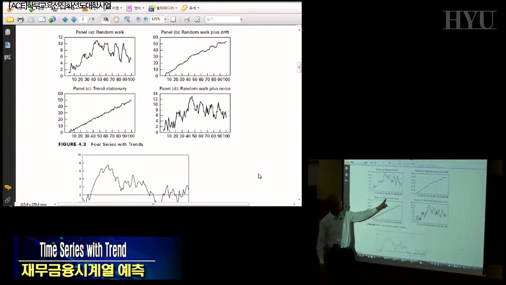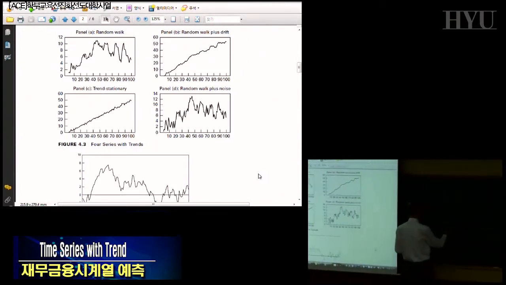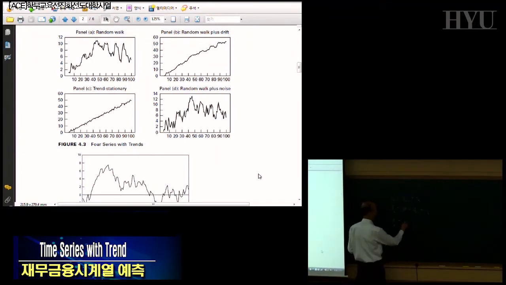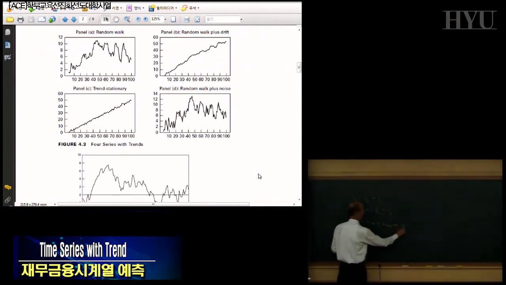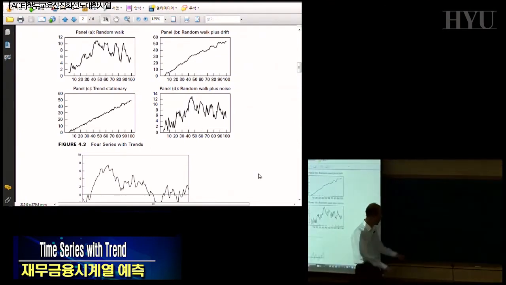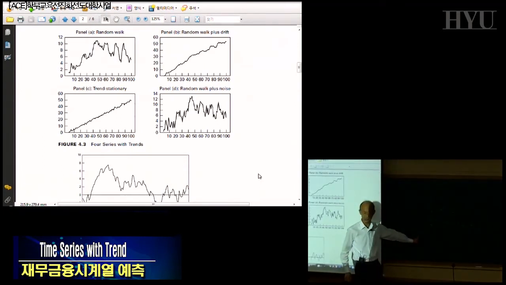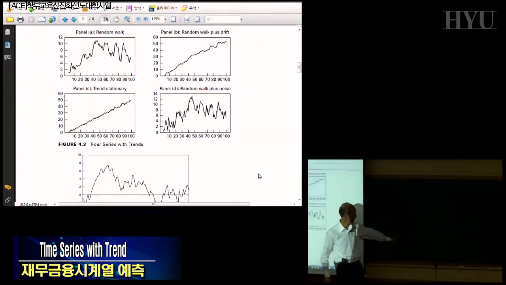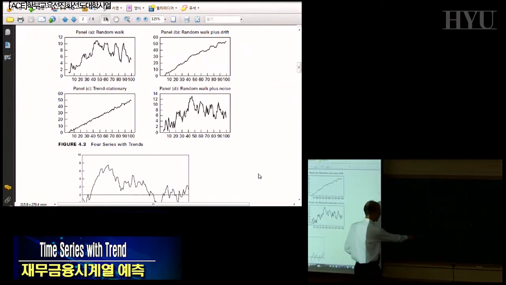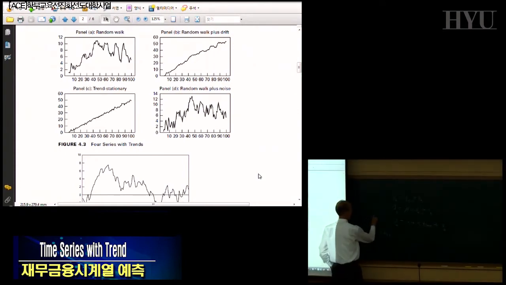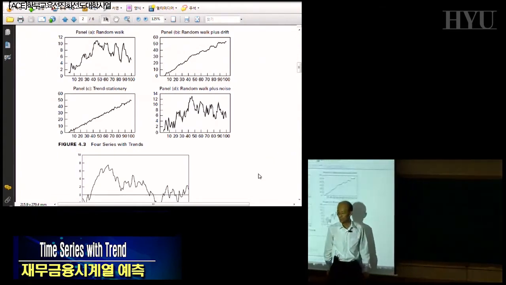This one we call a trend stationary time series, which is defined as something like alpha_0 plus alpha_1 times t plus epsilon_t. So time is the variable that has increment 1, 1, 1. Okay? 1987, 88, 89, the increment is 1, right? So this time variable will look more like this whole thing if alpha_1 is positive, right?